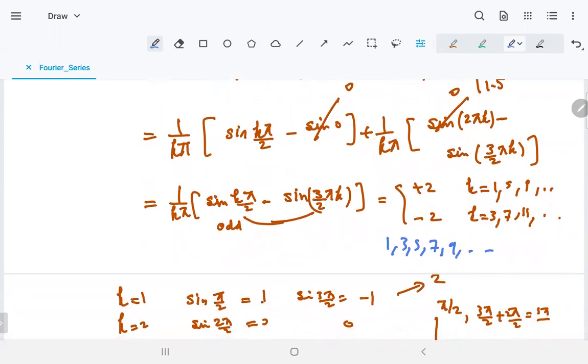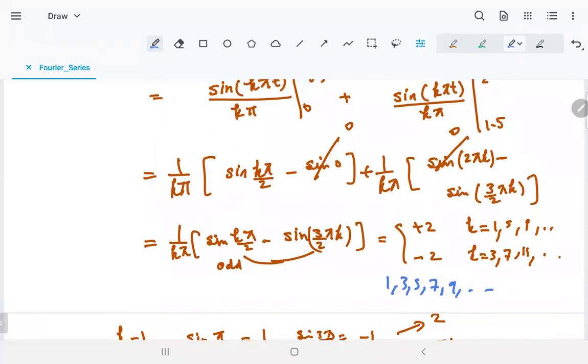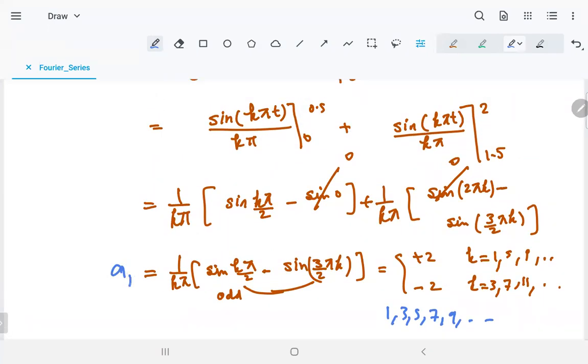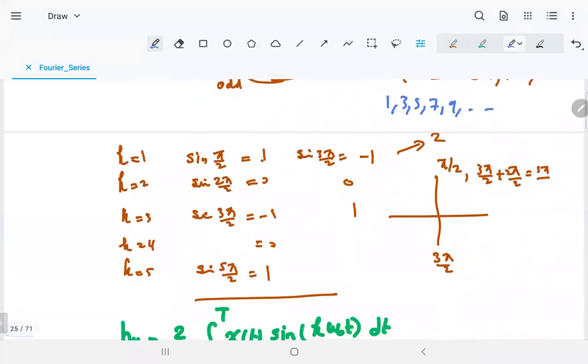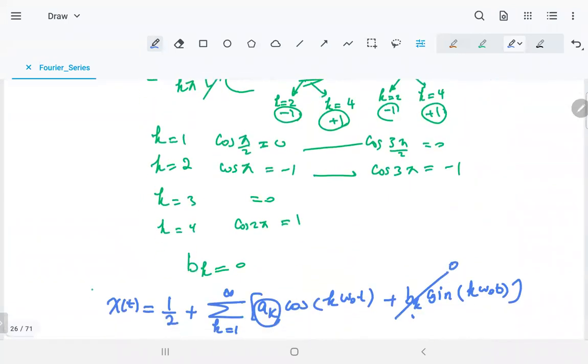Maybe somebody asked, okay, what about if I want to write the general formula? That's your AK, right? Let's do that.